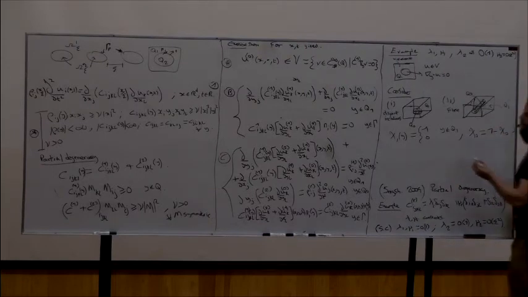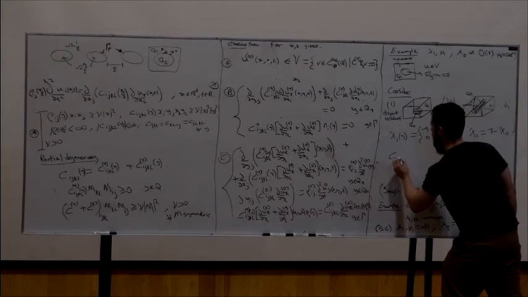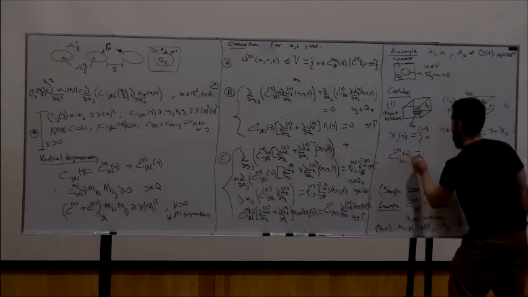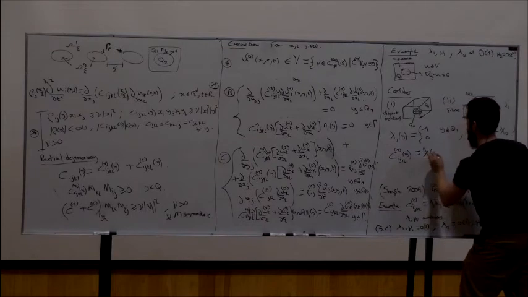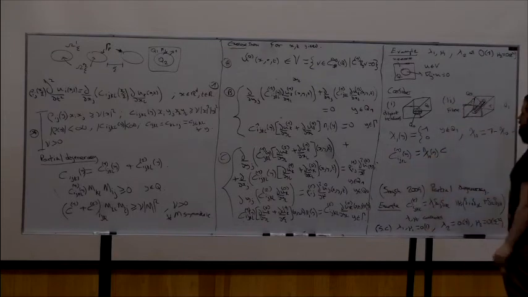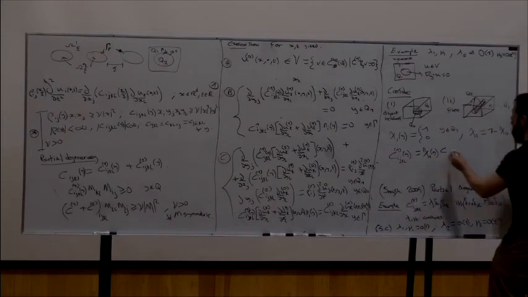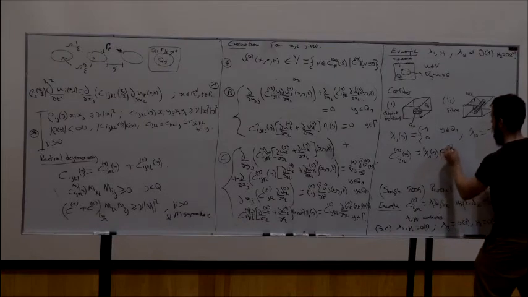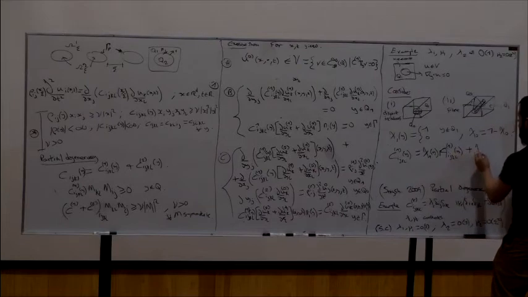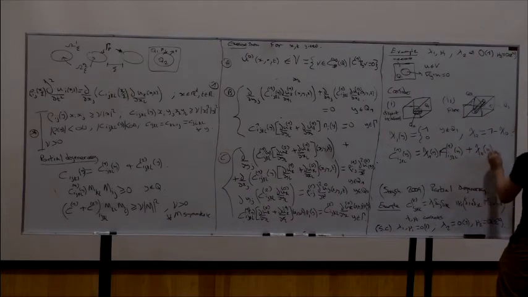And let's assume that C_ijkl of 1, as a function of y, equals chi1 of y, what shall I call this, let's go with A, A1_ijkl of y plus chi0 of y A2_ijkl. Okay?